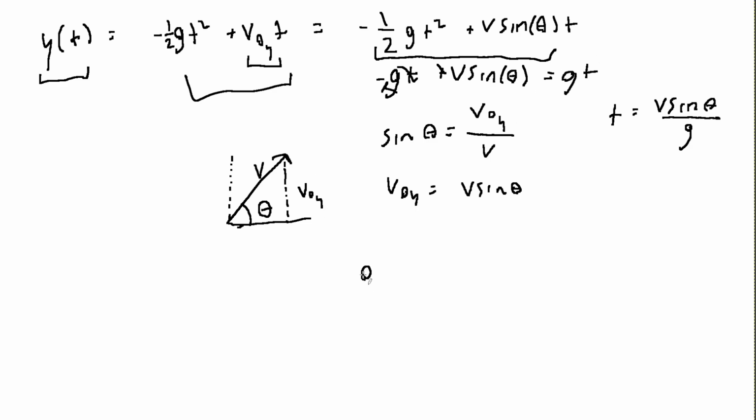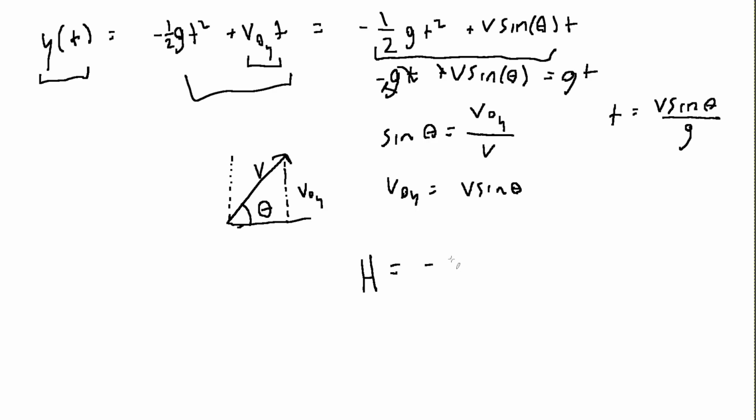So peak height, we'll write with a capital H because that's what it's often written as, equals, okay, negative, well, let's think about this. We're going to have negative 1/2, but on the top we're going to have v squared, because we're squaring t, v squared sine theta squared over g squared, right? So there's going to be a single g in the denominator because one of the g's is going to cancel out here.